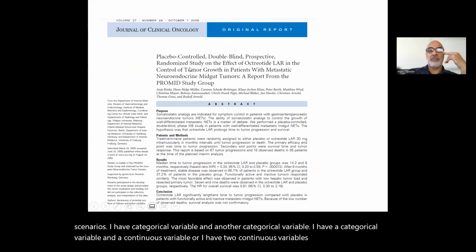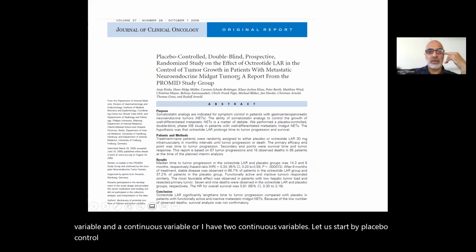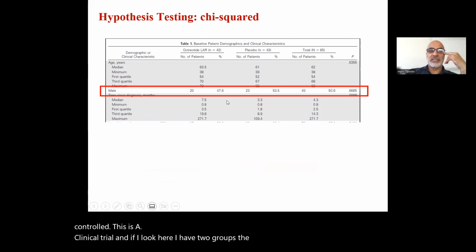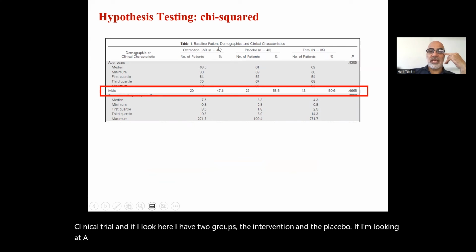Let us start with a placebo-controlled clinical trial. Here, I have two groups, the intervention and the placebo. If I'm looking at gender association with this group, then it is one categorical and another categorical.